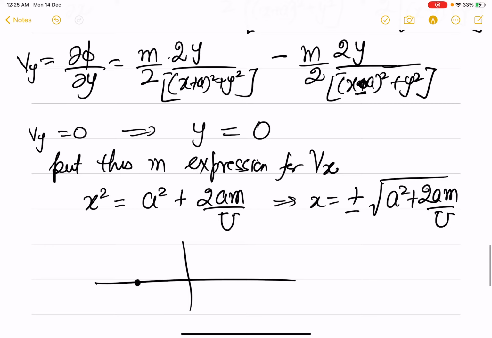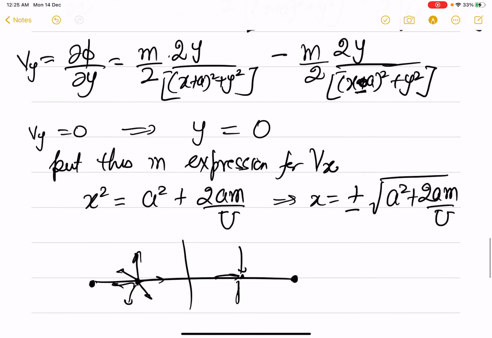This is where the source is, because x on the negative axis for the stagnation point is bigger than a, so the stagnation point will occur somewhere here, and at the same distance on the other side. That means the sink was here, and beyond the sink there's another stagnation point.